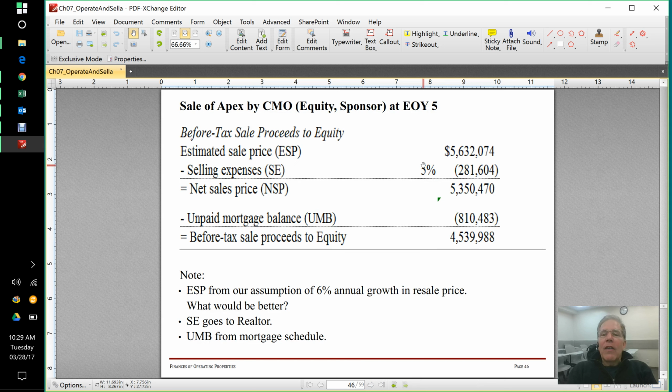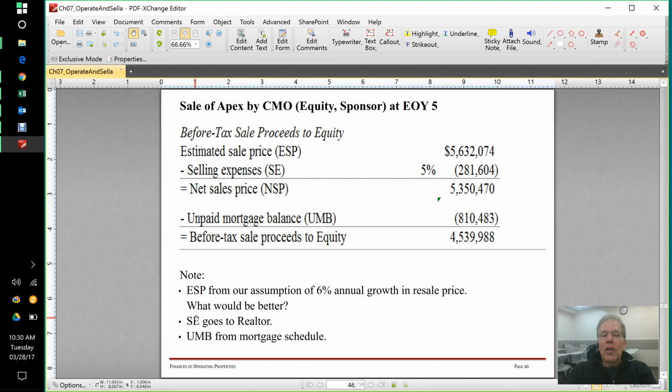We've got an estimated sale price of $5.6 million and change for this property after 5 years. How did they come to that? Well, they just assumed that the sale price would increase by 6% a year for each of the 5 years.